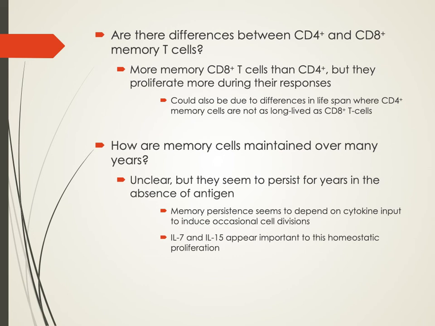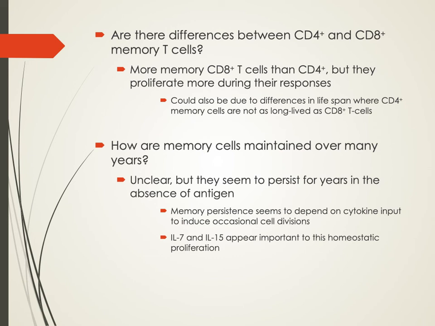Okay. How many memory cells are maintained over the years? Well, that's really unclear. And again, this is where generally the B cell populations are looked at more, because we're looking at the antibody response, like in a clinical trial. It becomes unclear how long they persist in the absence of antigen.